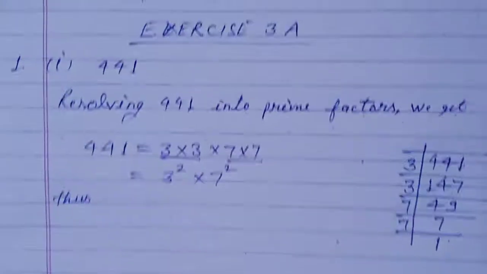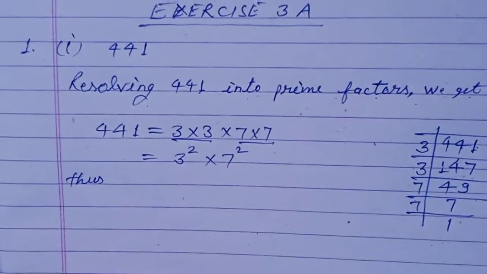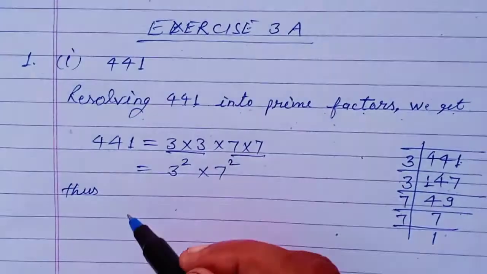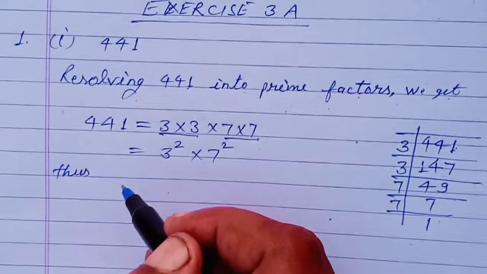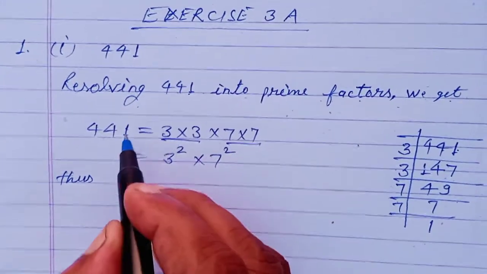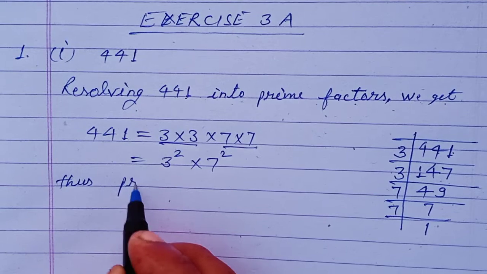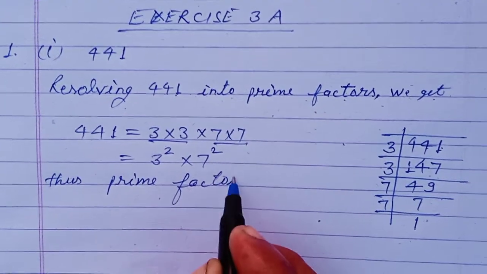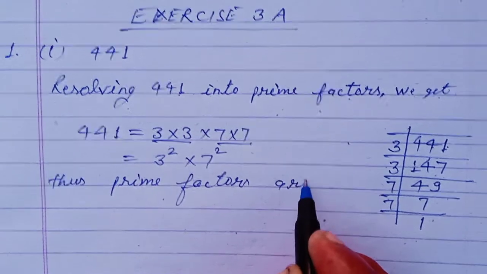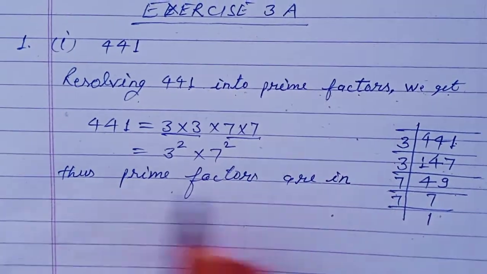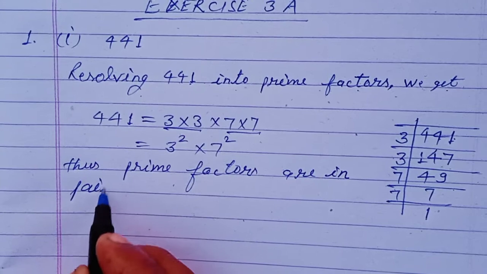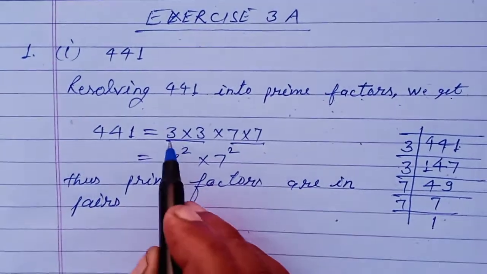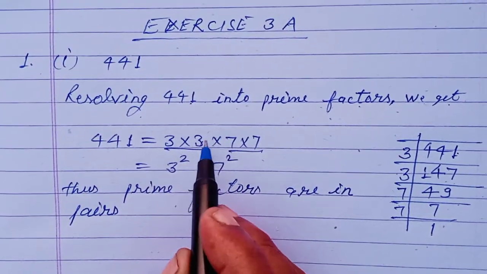Thus prime factors are in pairs. 3 is a prime factor and this is in pair.